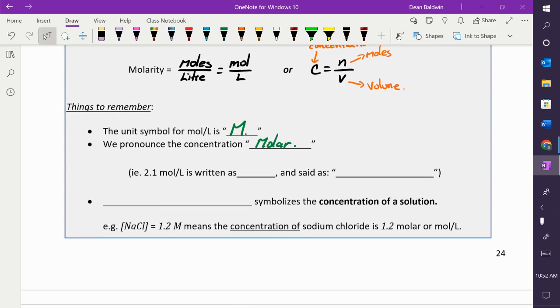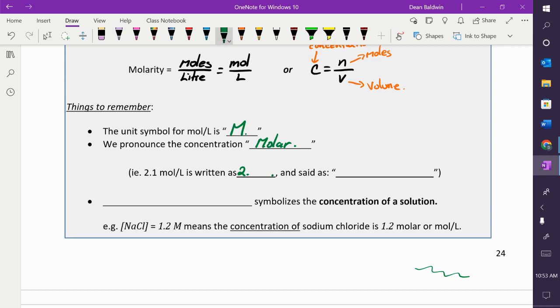So if you were talking to somebody that was a chemist or whatever, they wouldn't say 2.1 moles per liter. If it was written on the bottle, it would be written as, why is my pen not working? There we go. 2.1 molar, 2.1 capital M. And we should just write that as, let's just change it to 2.0 because it's just easier.